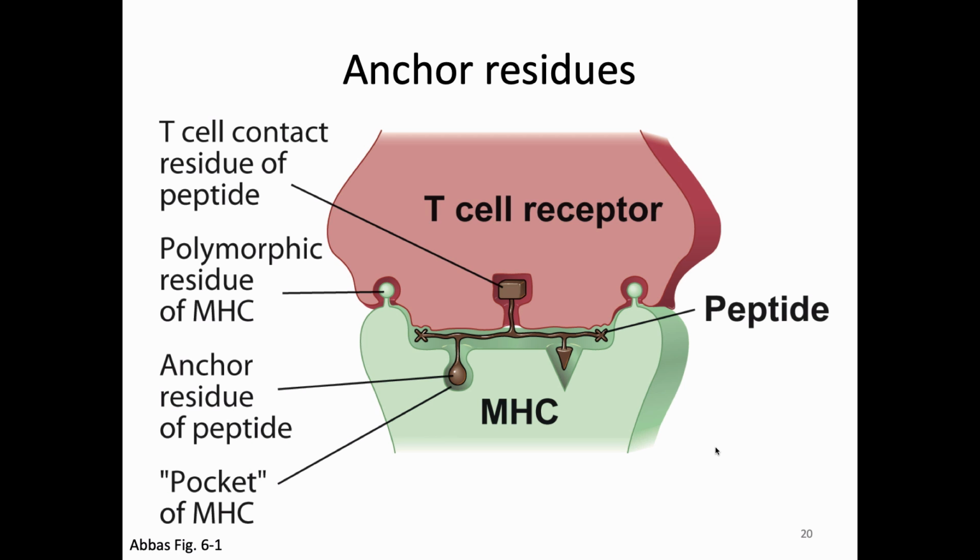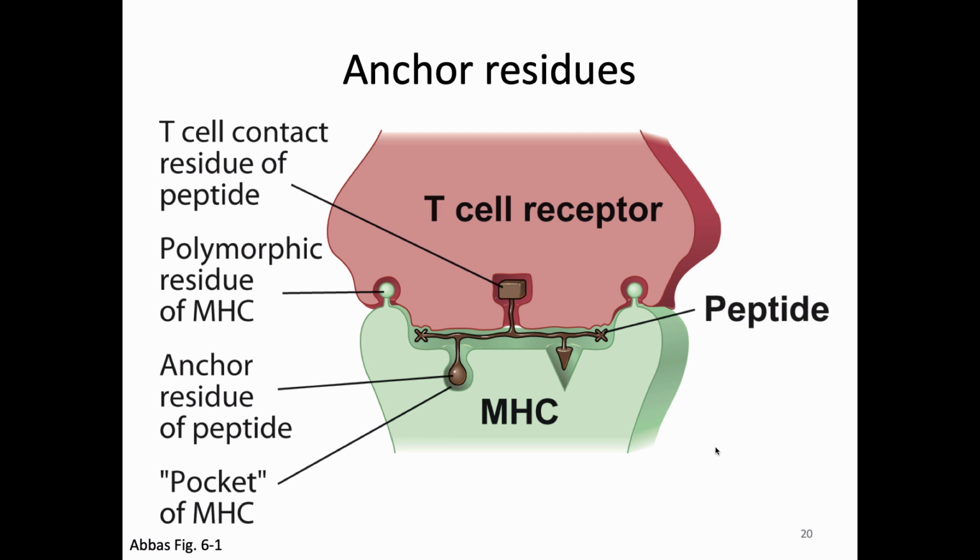Really, your peptide has an N-terminus. That N-terminus is positively charged. And so this whole inside piece of the MHC Class I has a bunch of negative charges to attract that positive charge. This part has a whole bunch of positive charges to attract the negative of the carboxyl terminus.